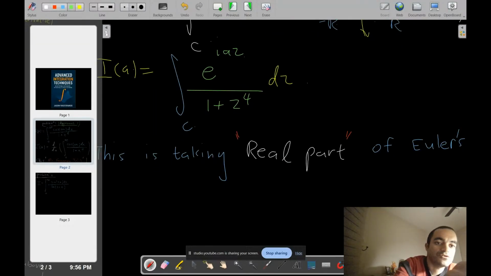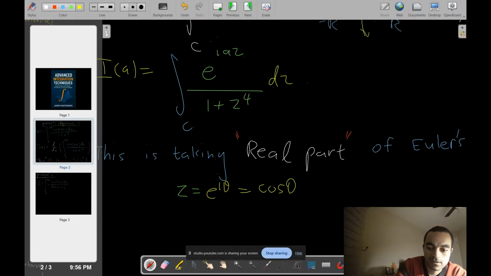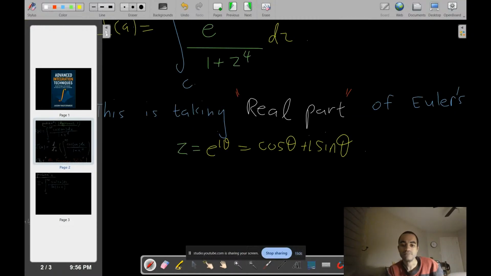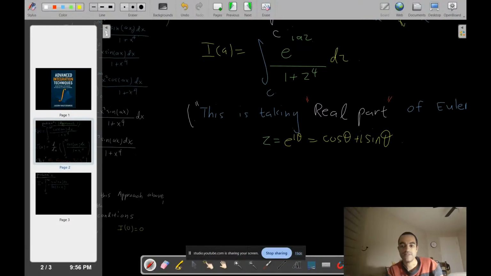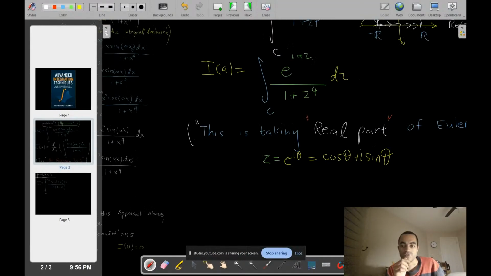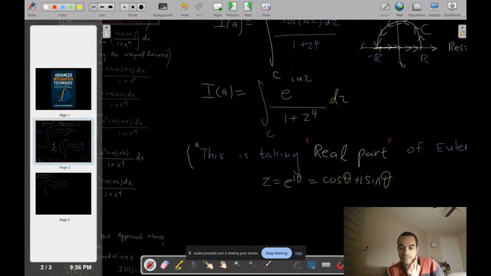Just to jog your memories, z equals e to the i theta, where e to the i theta is just cosine of theta plus i sine theta. I'm taking the real part of it, replacing the cosine of az with e to the iaz.